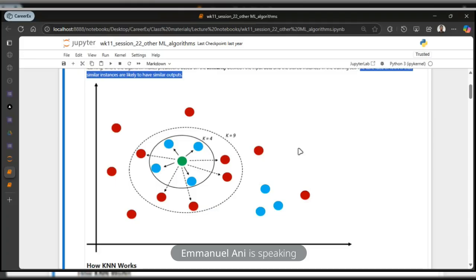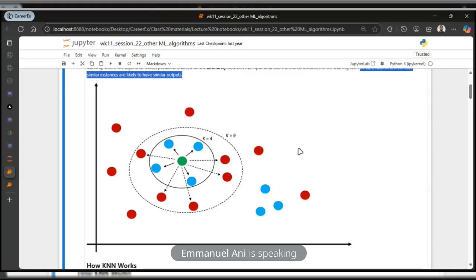Consider these two colored groups as the classes you are working with. Let's say your data set has two classes, a binary classification, and you're trying to create a model that can predict those two classes based on your data. Let's use this as a visualization of how KNN works.